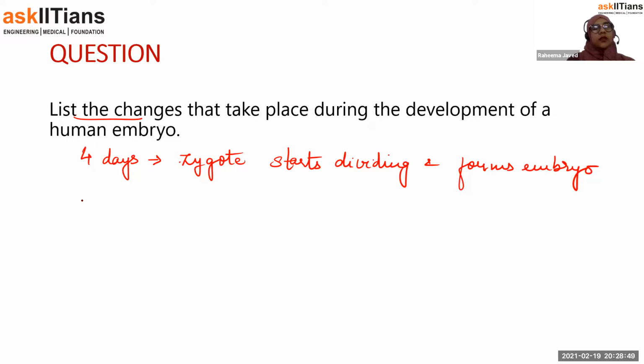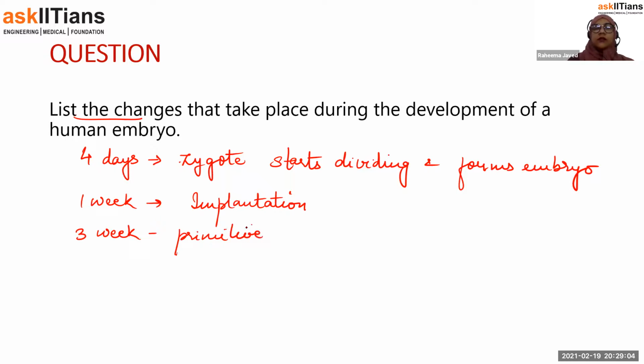After 1 week of the fertilization, implantation takes place, and after 3 weeks, the primitive heart develops.